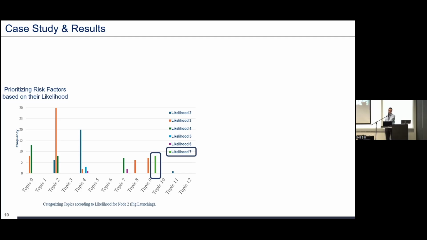For example, here in the second node, we have topic 9, which is chemical leaks or leakage, which has a high likelihood of occurrence. We also have to look at the topics or risk factors with low likelihood of occurrence, but frequently repeated within the same node. We have to investigate these topics to avoid escalating the overall risk.